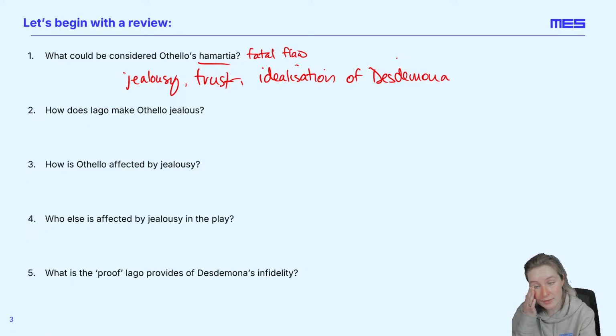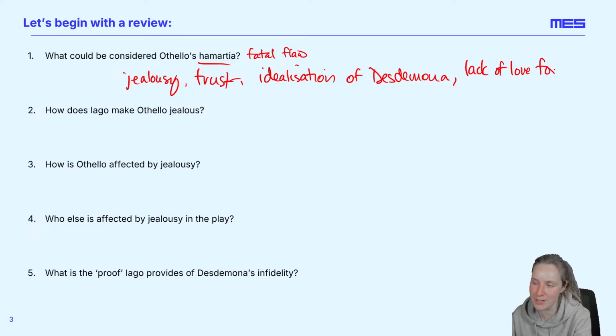Or perhaps we can view it as his lack of love for Desdemona, right? The fact that he's so willing to believe that she is unfaithful. We've also talked about insecurities and perhaps this idea of self-love, right?